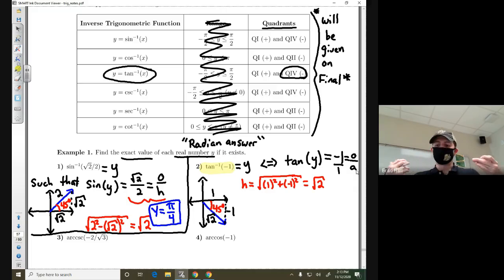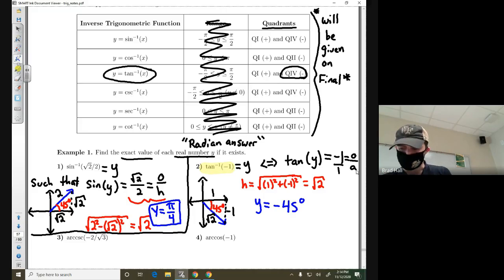But our final answer is not 45 degrees, because that is simply the reference angle. The answer would technically be -45 degrees because we're going down, but we need to convert this to a radian because it does say each real number y. So it is expected to write this as negative pi/4.